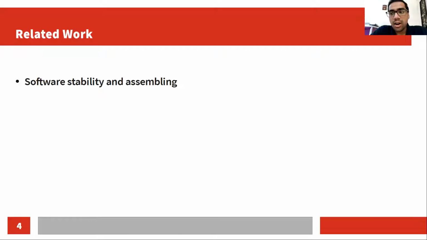Some say how it survives in the environment, and some talk about how it evolves during the development cycle, and also about software assembly. Software assembling, researchers talk about, is that nowadays we may not need to write a lot of software. We may have predefined sets of code, and we assemble these together to make a program.